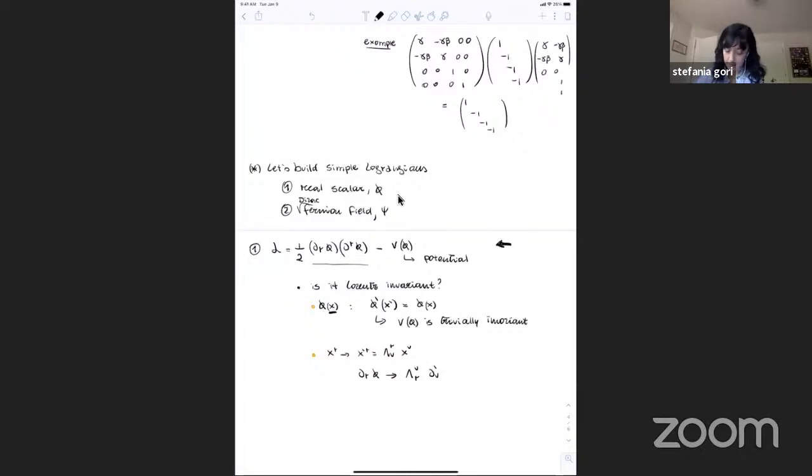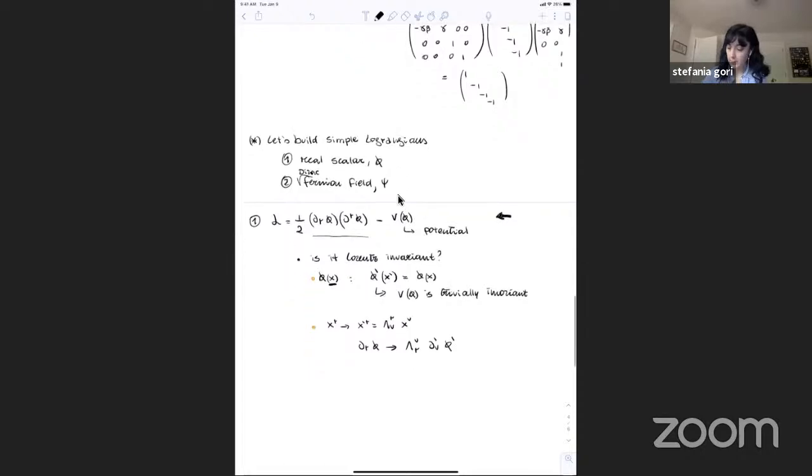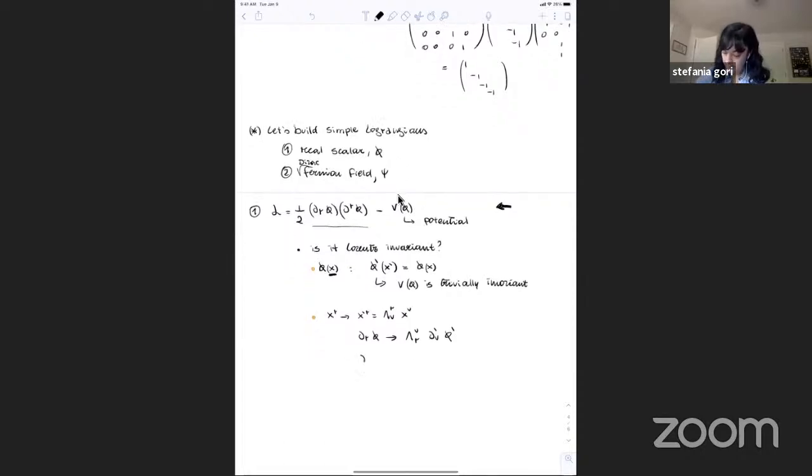Then we have the derivative prime and phi prime. With derivative prime, I mean simply the derivative with respect to x prime, the Lorentz transformed of x. And therefore the first term of the Lagrangian, the derivative mu of phi, will transform in the following way. I have a few indices here that I have to take care of. Then I have my metric eta mu nu, and then I have the transformed derivatives of the transformed field.